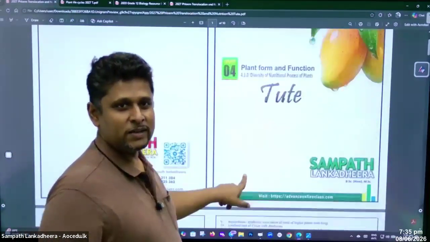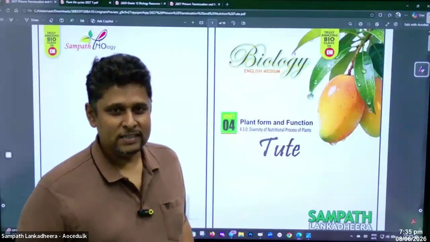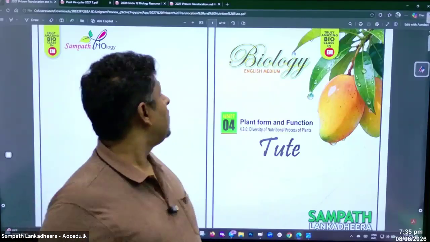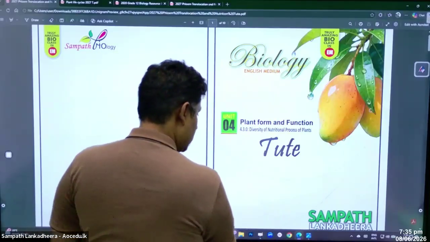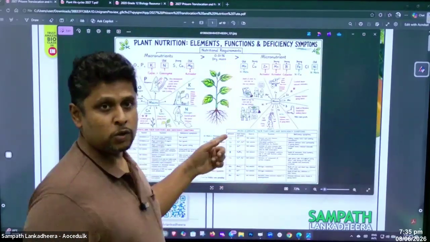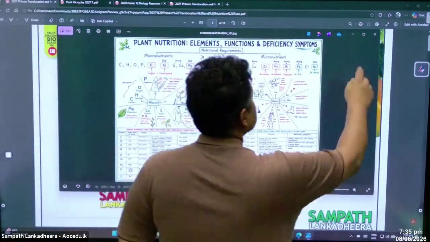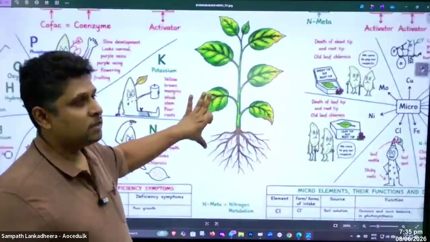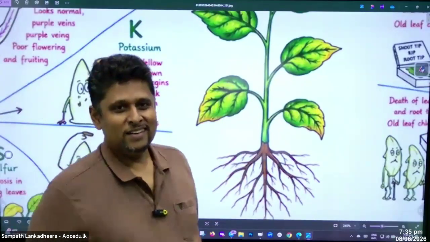This one is the revision tute. So we will discuss the questions based on the nutrition lesson. We did the short note last time. This is the short note. I prepared this short note for you.